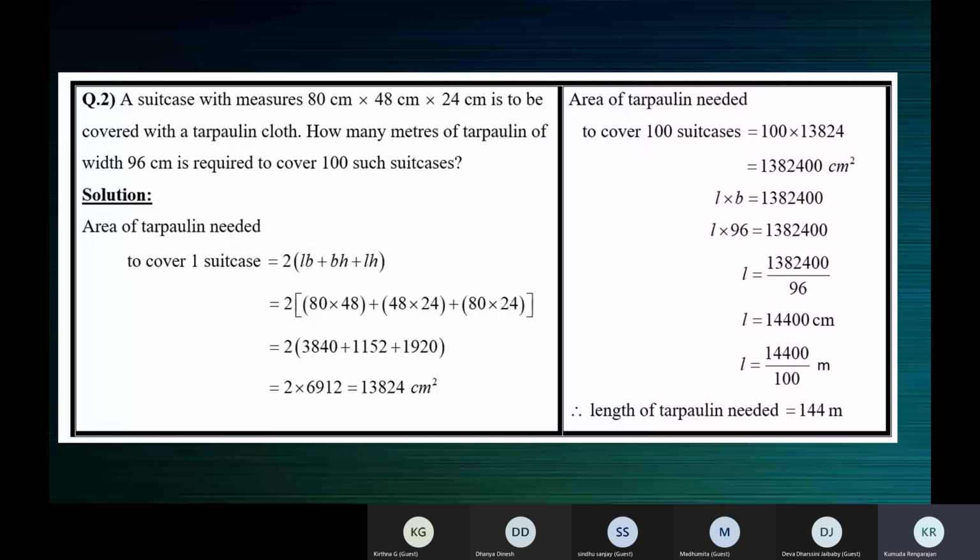Find the TSA of one box, multiply by 100 to get the TSA of 100 boxes, and that area is equal to L into B, because whatever is the surface area of 100 boxes should be the area of the cloth also. So equate that to L into B, where B is 96 centimeters, and finally you are able to find the length of tarpaulin needed.